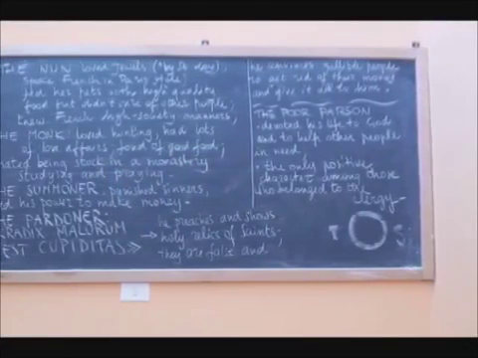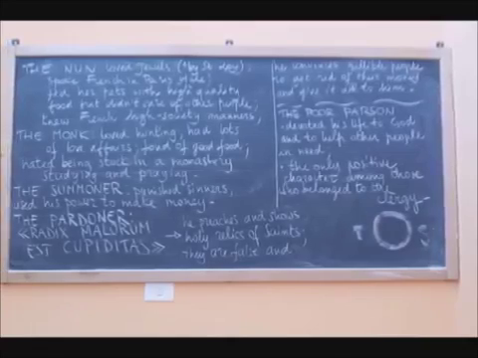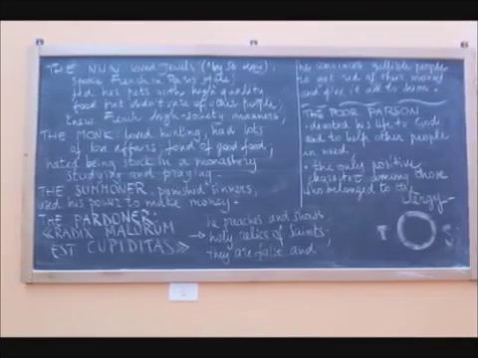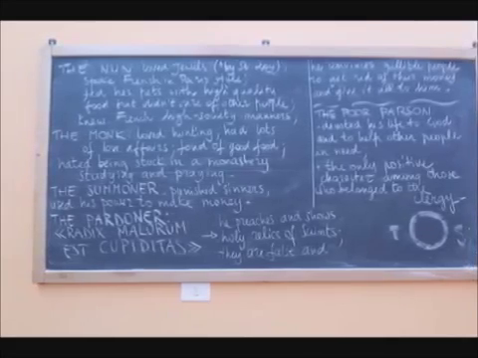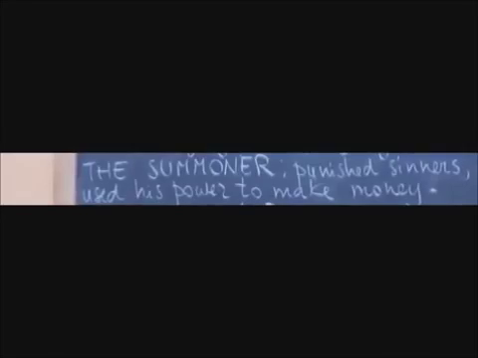Then we have the summoner and the pardoner. Both of them loved using their power to make money. The summoner had the task of punishing sinners, and she used his power to make money instead of teaching real religious values.